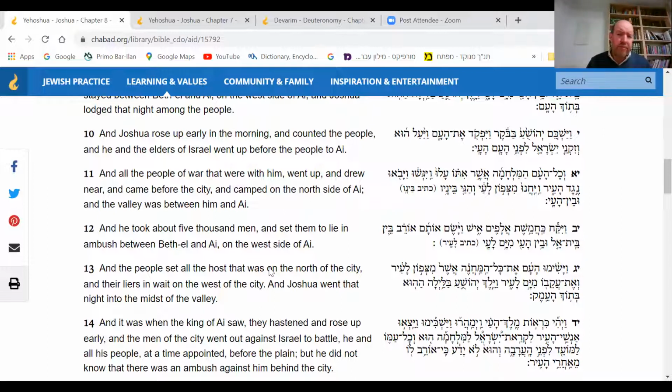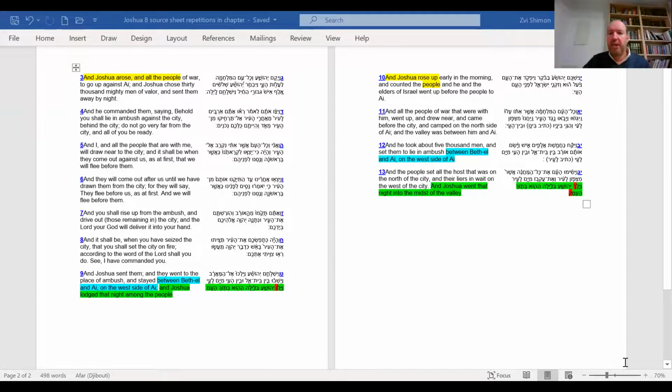What's interesting is that if we compare the verses and the different descriptions of the ambushes, we can see certain parallels between them. And here I've laid them out one next to the other for you. So we see the first description starting in verse 3, where Joshua rose, right, mentioning, and all the people of war getting ready to go to Ai.